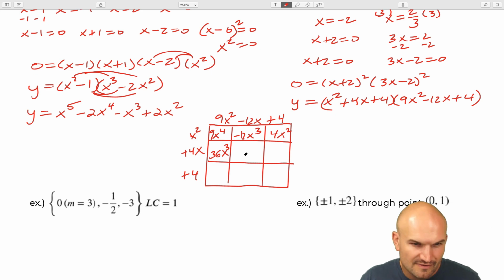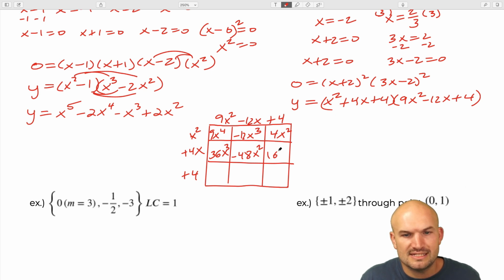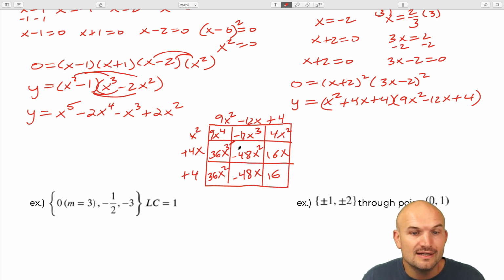This is negative 24, so that'd be a negative 48x squared. This is a 16x. This is a 36x squared. Negative 4 times 8, so that's going to be, again, another negative 48x, and then this is a 16. And again, the cool thing here is that these diagonals, you can see, are all like terms.